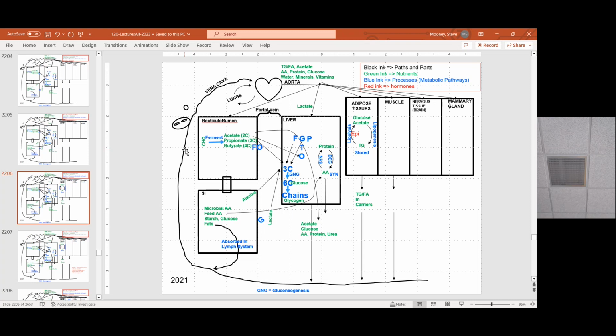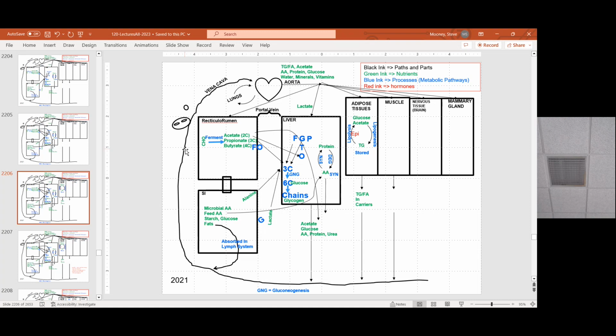We'll spend more time on that when we get to the mammary gland, but that's how we take the basic building blocks of glucose and acetate and make triglyceride in our cows. Now, if you're a pig, you're going to do that a whole lot in your liver. Cows don't like fat in their liver.